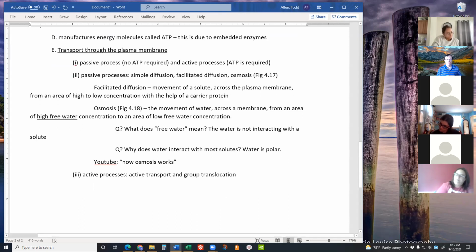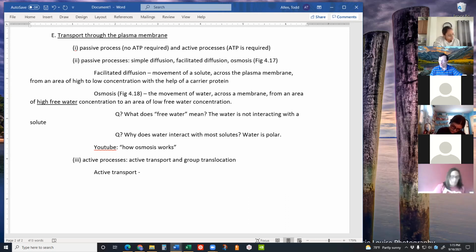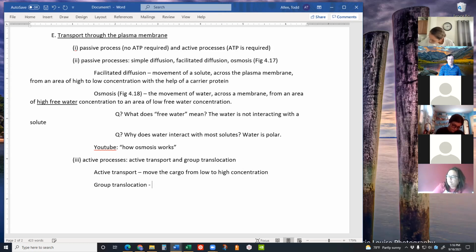Okay, so active transport is the reverse of facilitated diffusion. Active transport is facilitated diffusion, except you move the cargo from low to high concentration. Group translocation is a subtype, a subcategory of active transport.